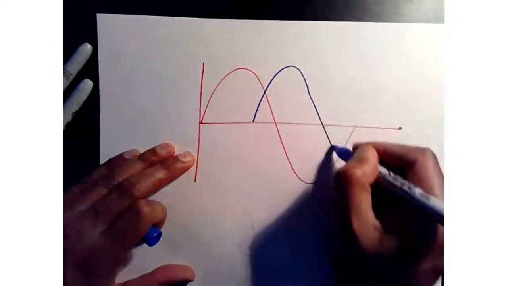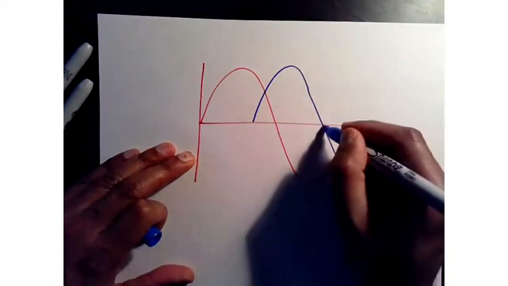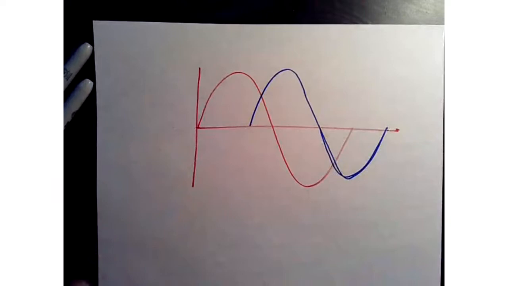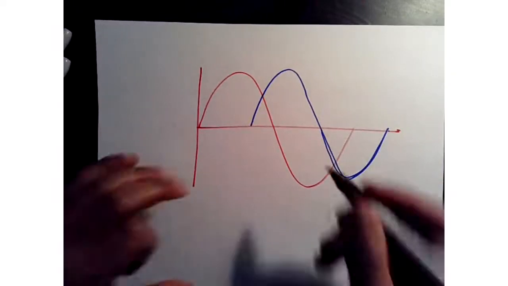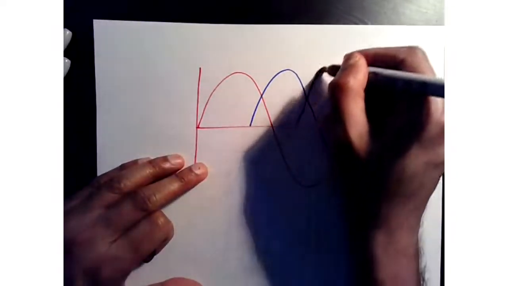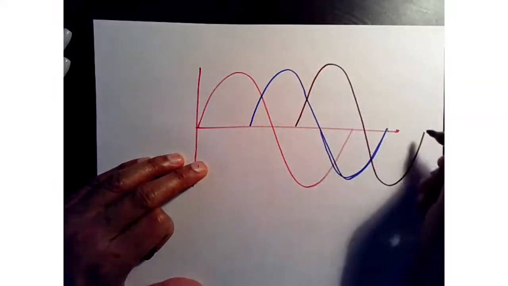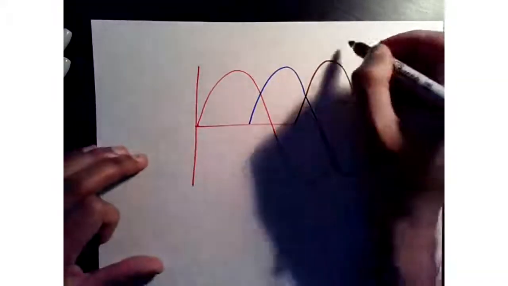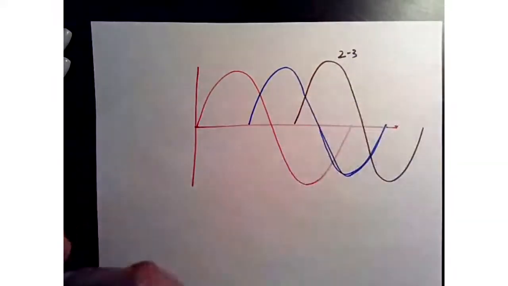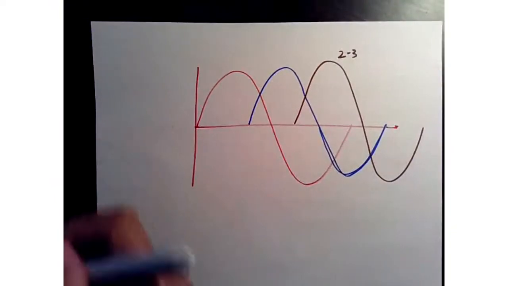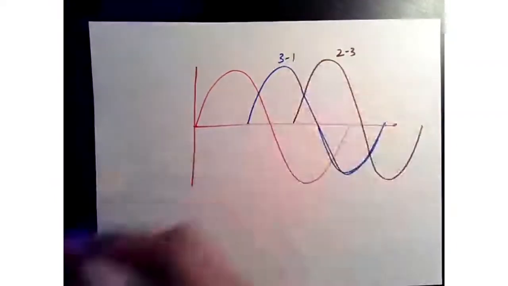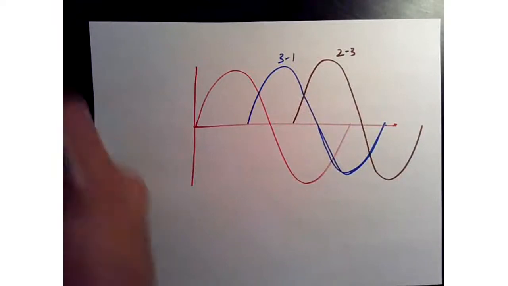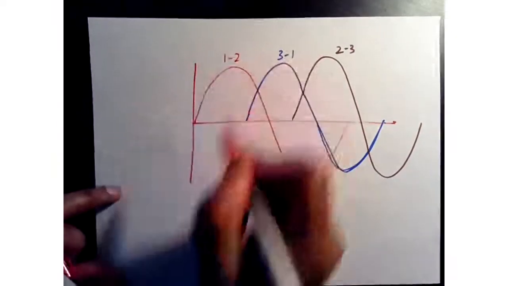This becomes 3 to 1. Okay, this is 3 to 1. And then you'll have 2 to 3. Okay, so this is 2 to 3. This is 3 to 1, this is 1 to 2, right?